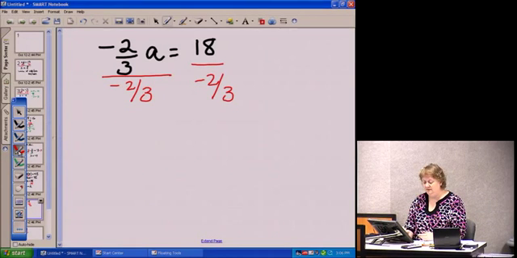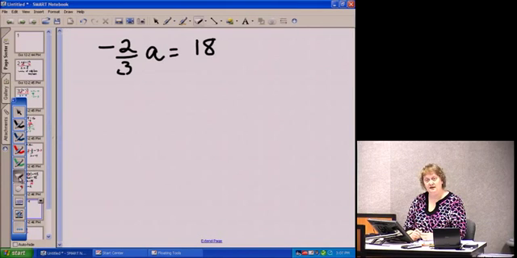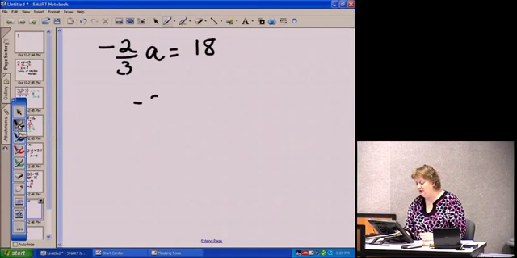So what I'm going to do is take my eraser here, and we'll erase that out. Remember that when we divide by a fraction, that's the same as multiplying by the reciprocal. Let me show you what I mean.